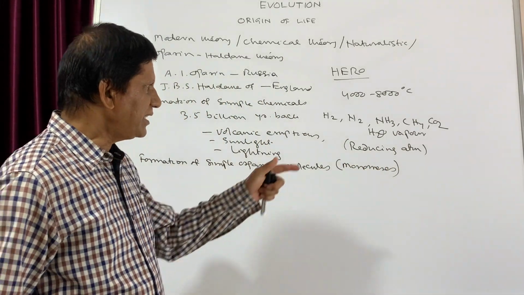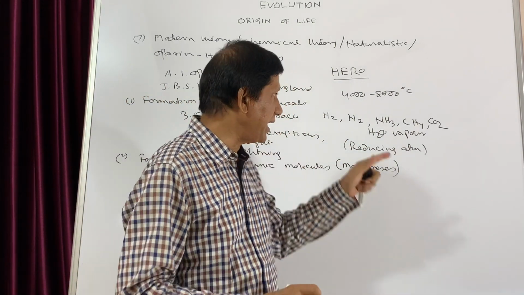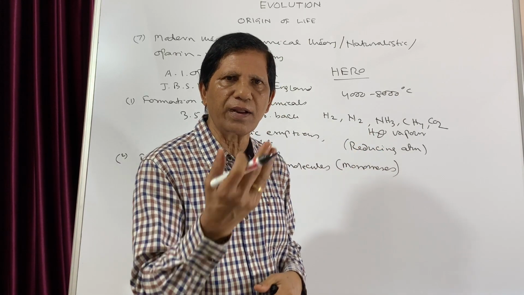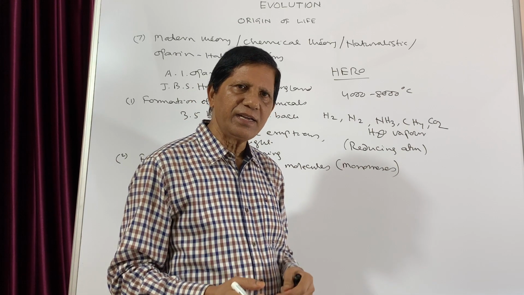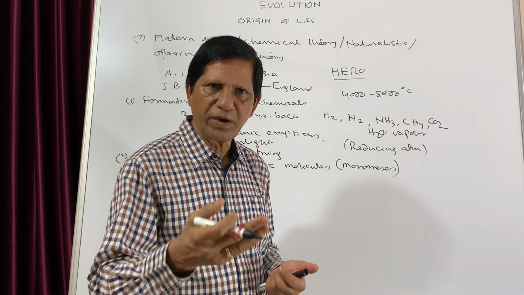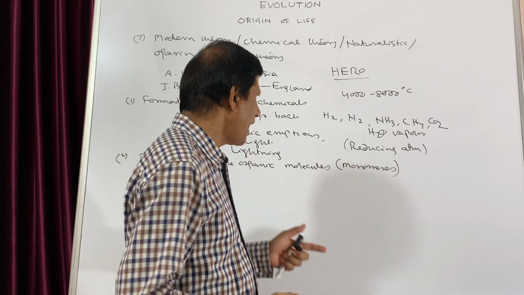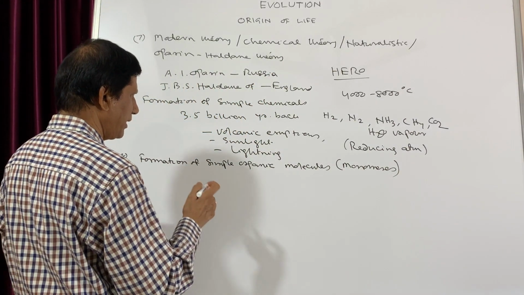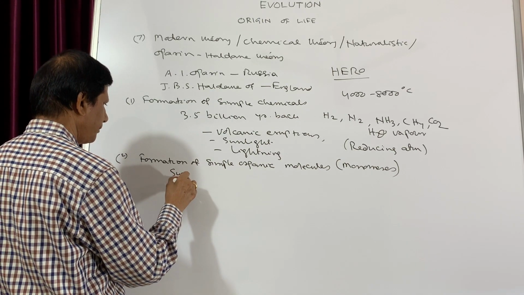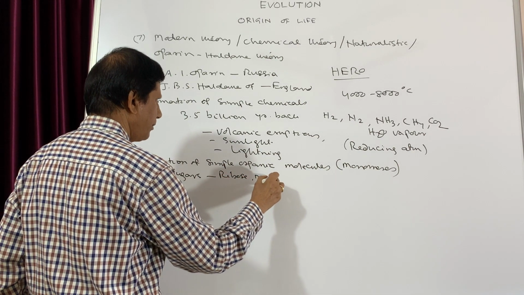So these simple inorganic molecules which are formed in the first step gave rise to organic molecules. And again, the source of energy is the sunlight and the different radiations and electrical discharges. They provided energy, and these different compounds combined together to give different compounds like sugars. And sugars are mostly ribose and deoxyribose.